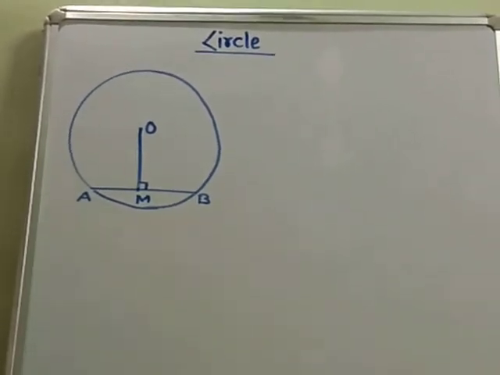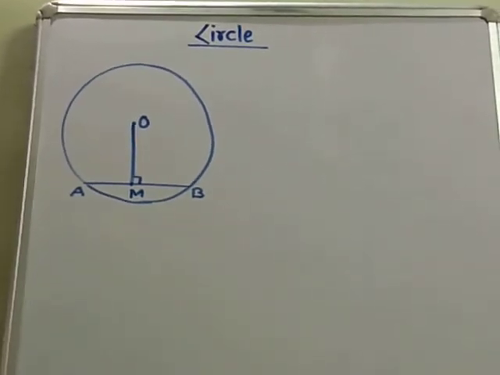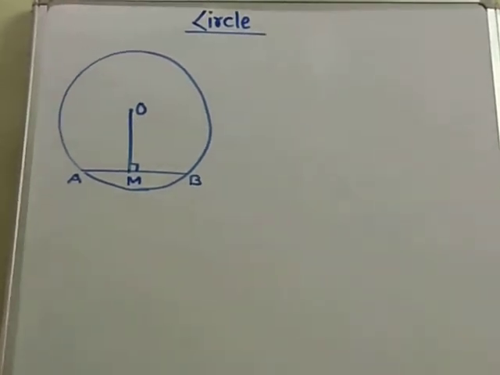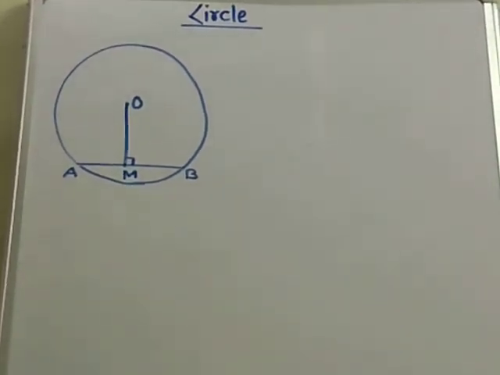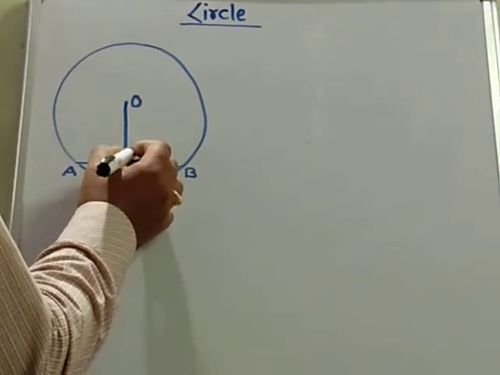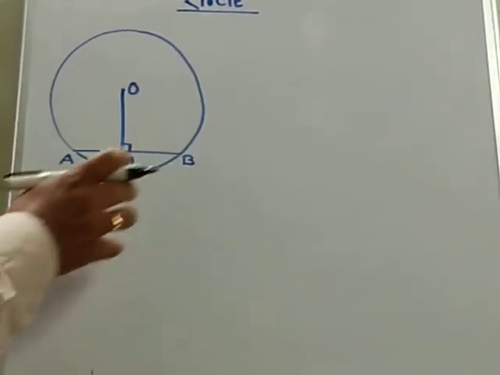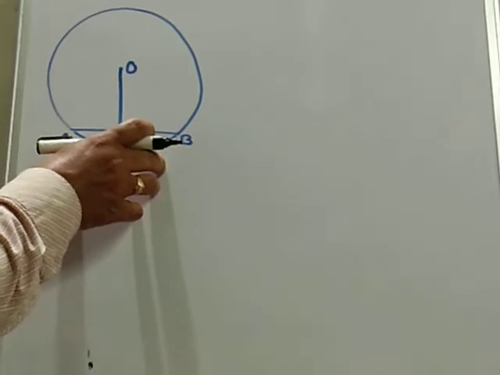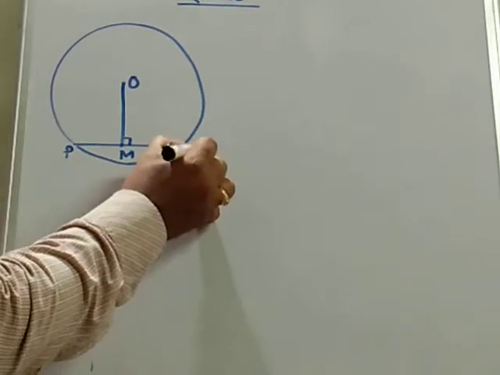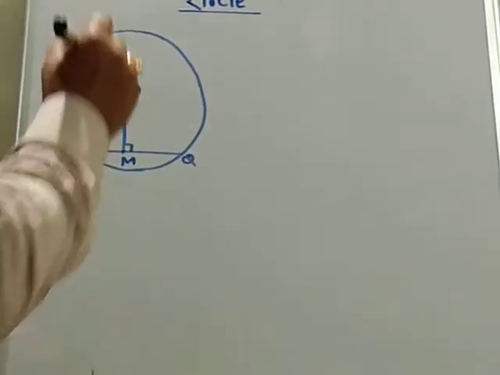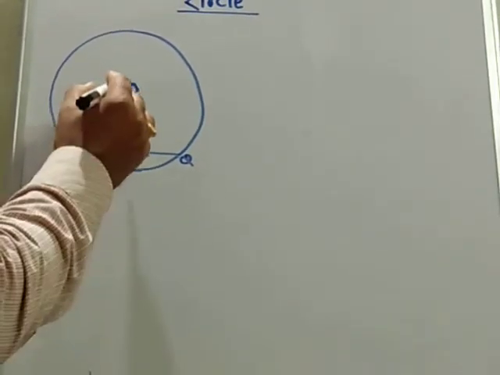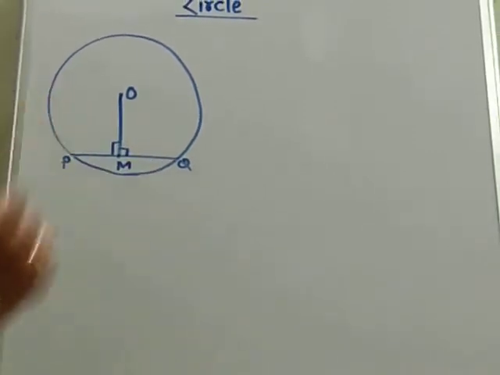The second property is that the segment joining the center of the circle and the midpoint of the chord is perpendicular to the chord. Suppose O is the center of the circle, M is the midpoint of the chord, and this is P and this is Q. Then OM is perpendicular to chord PQ, therefore angles OMP and OMQ are both 90 degrees.